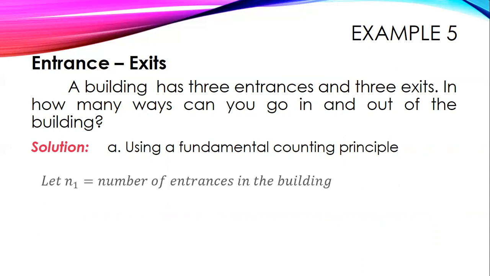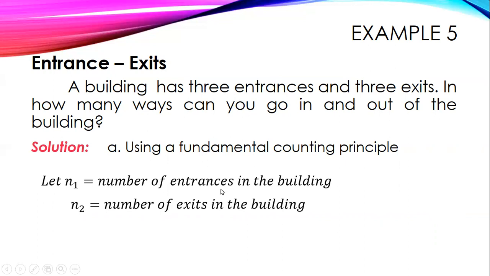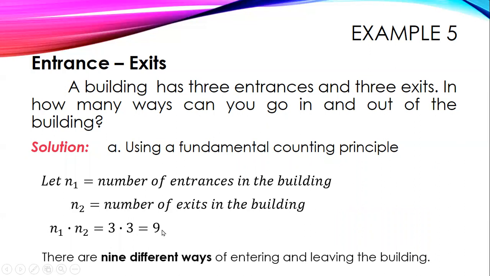Let's use n sub 1 for entrance and n sub 2 for exit of the building. So let's have number of entrances is 3 and number of exits is also 3. So we have 3 times 3 equals 9. So we have 9 different ways of entering and leaving the building.